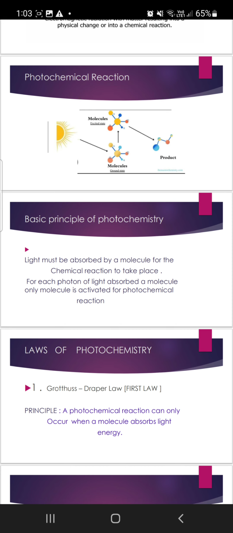The principle of this first law is that a photochemical reaction can only occur when a molecule absorbs light energy. A chemical reaction occurs when a molecule absorbs light radiation and is excited to a higher state. That is the principle of the first law.